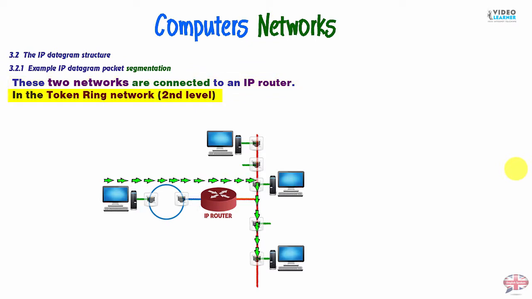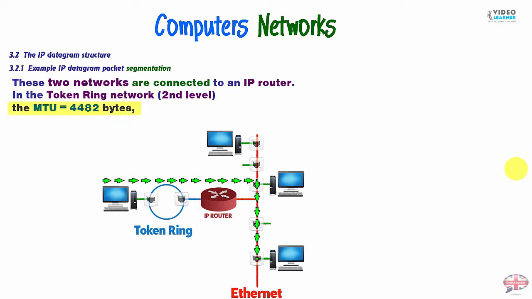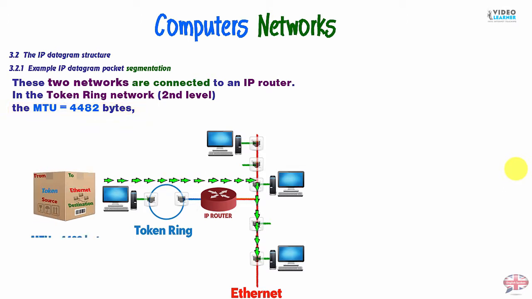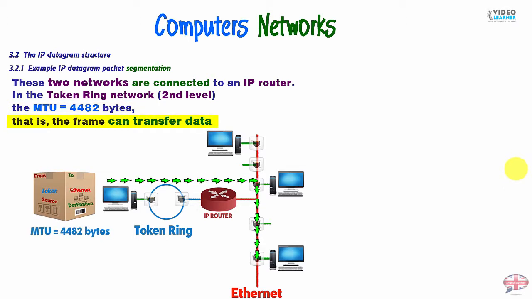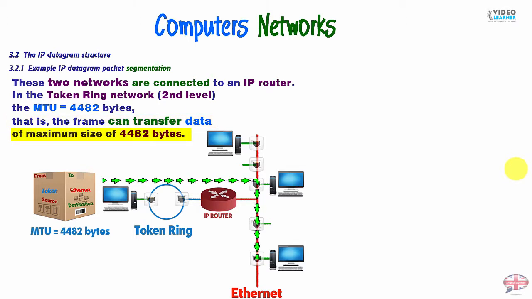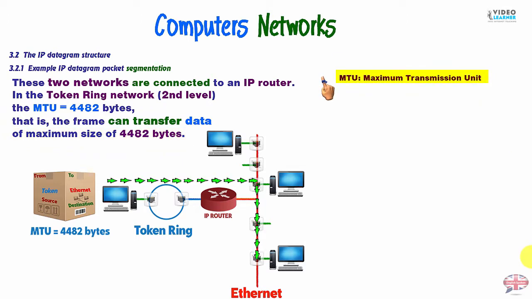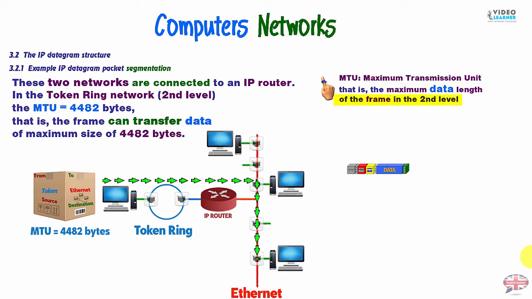In the token ring network, in the second level, the MTU, maximum transmission unit, is 4,482 bytes. That is, the frame can transfer data of maximum size of 4,482 bytes.